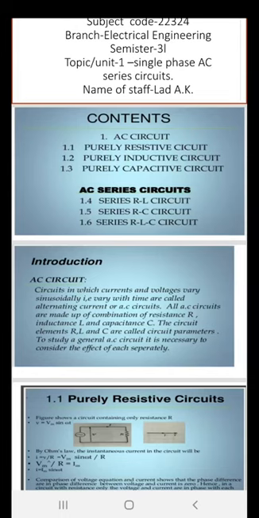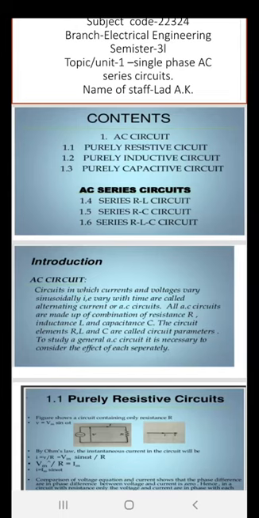Introduction to AC circuit. Firstly, we should know what is meant by current and what is meant by voltage. Current means rate of flow of charge, and voltage means pressure on that charge.